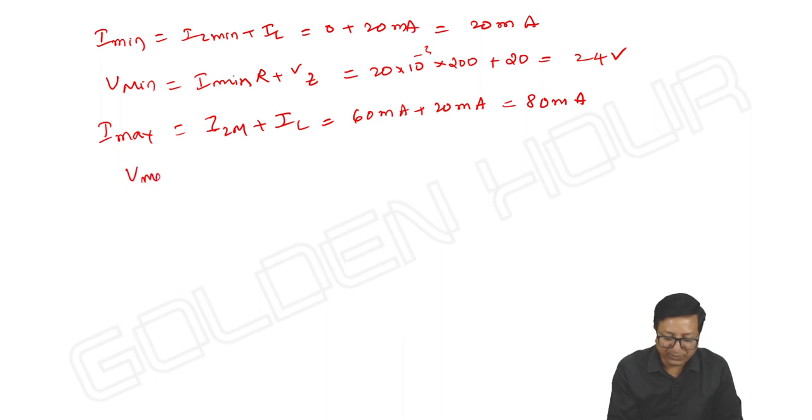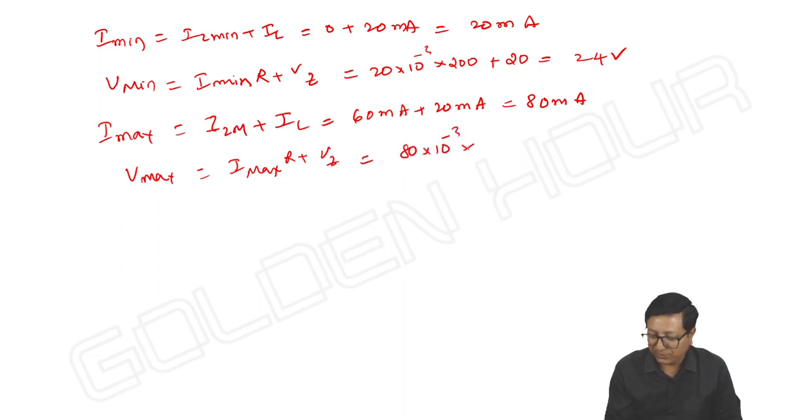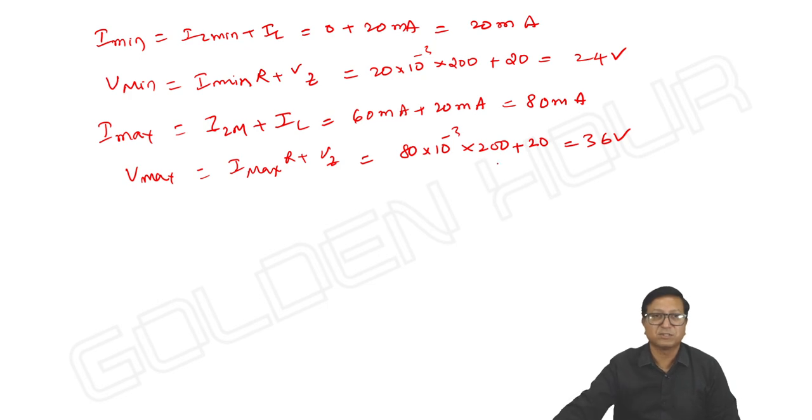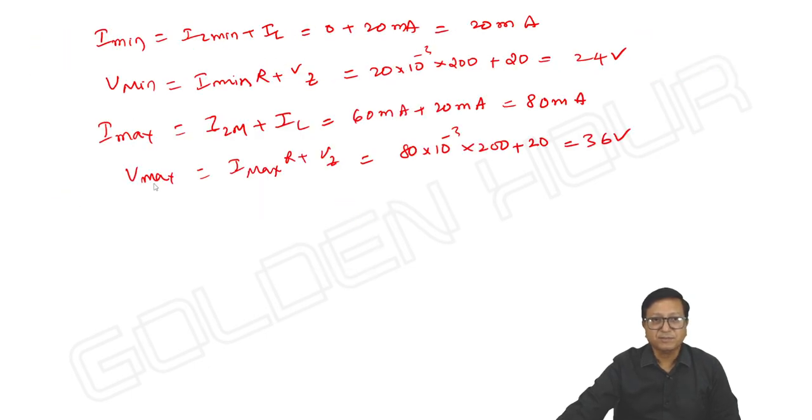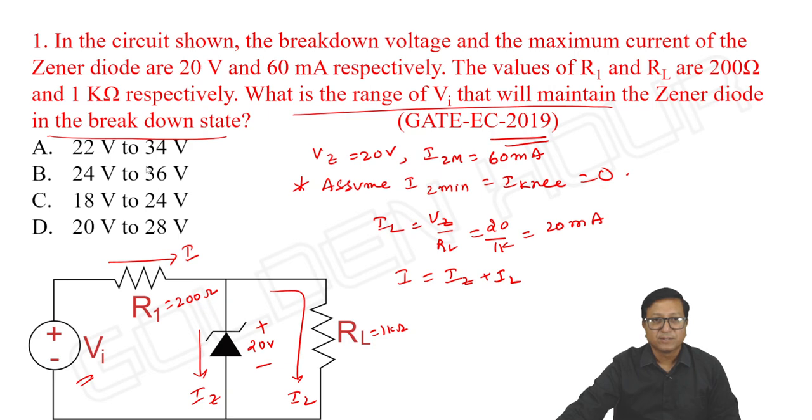So V max is equal to I max into R plus Vz. I max is 80 milliamperes into R, which is 200, plus Vz, which is 20. It is 36 volts. Very, very simple question. You can vary the input from 24 to 36 volts.